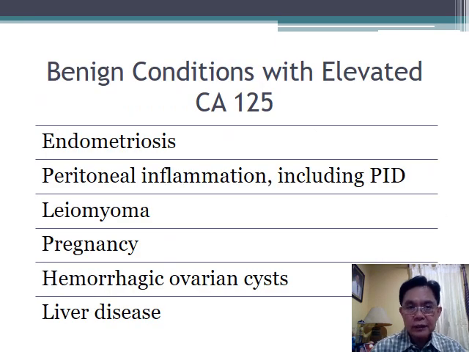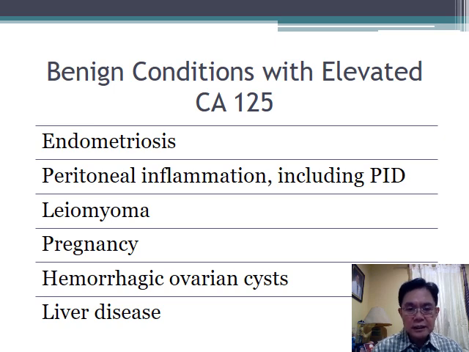So these are the conditions or benign conditions that can elevate or increase the levels of your CA125. So you have your endometriosis, peritoneal inflammation or your pelvic inflammatory disease, even your leiomyoma in pregnancy may have an elevated CA125.